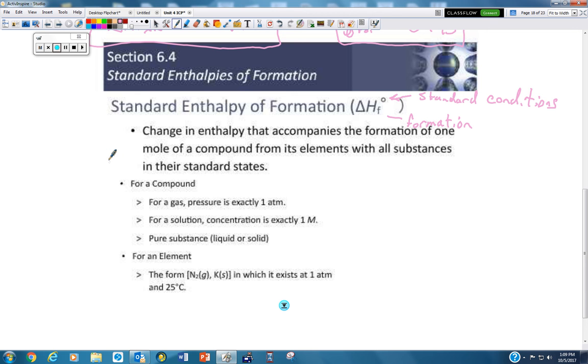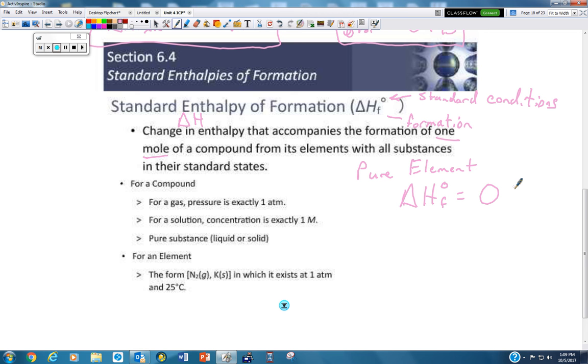So the change in enthalpy, delta H, that accompanies the formation of 1 mole, that's going to be important, 1 mole of a compound from its elements with all the substances in their standard states. So a couple of things that you need to know about this is that a pure element has a heat of formation of 0.